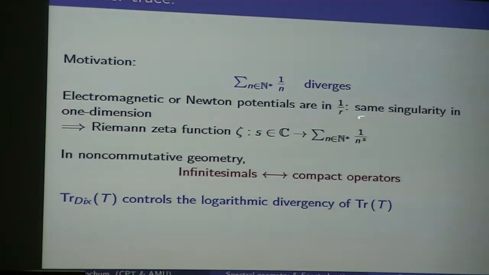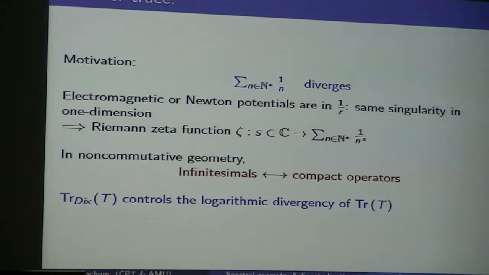So you have the same singularity. Since you can generalize this to any dimension, this means that everywhere in physics you have this appearance of the Riemann zeta function, which is a map from the complex numbers to this sum. So this means that in renormalization you always have this zeta function everywhere. So this means that this Dixmier trace is around.